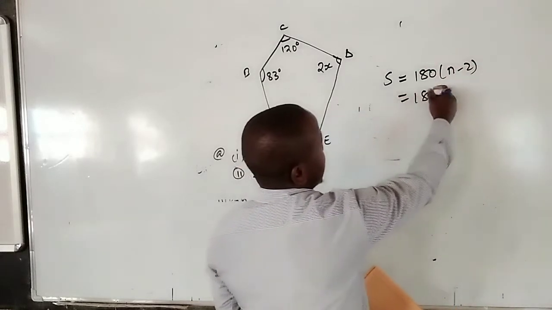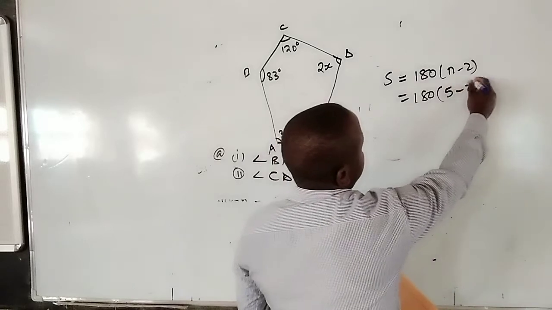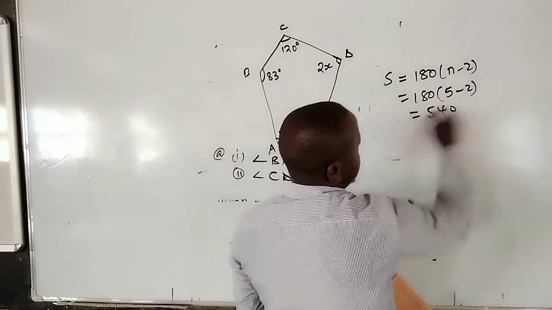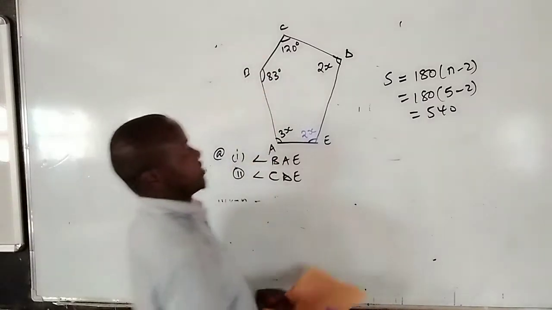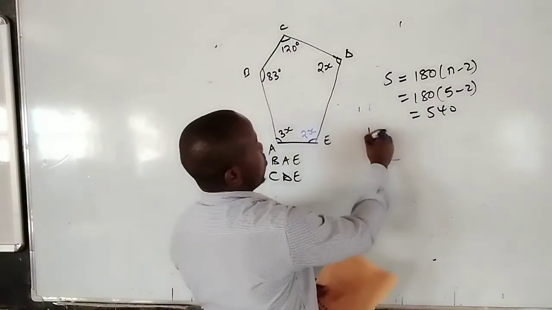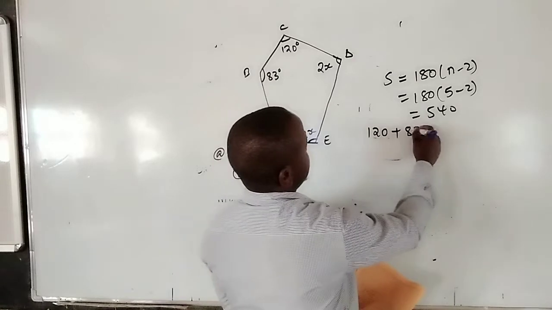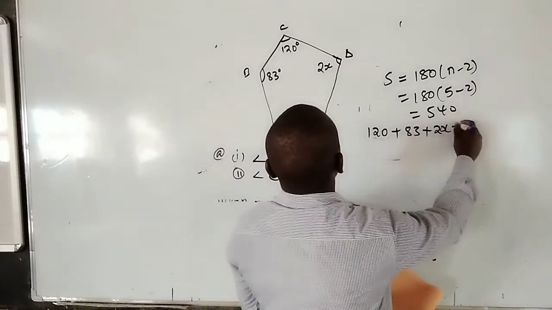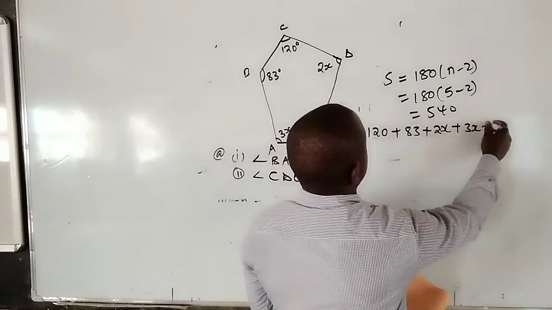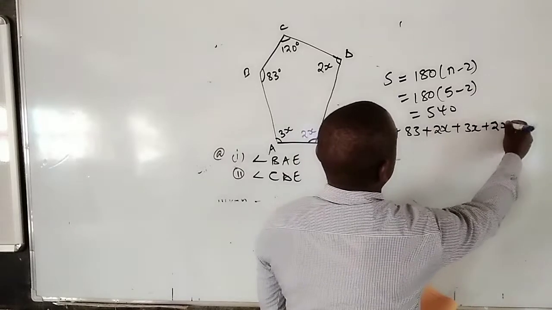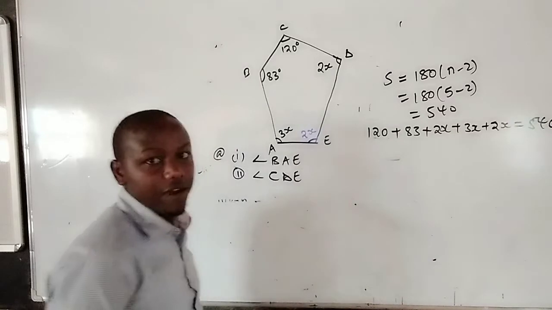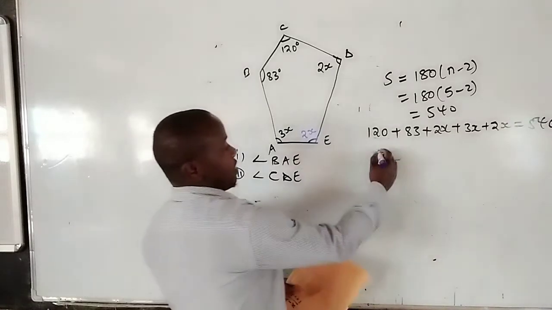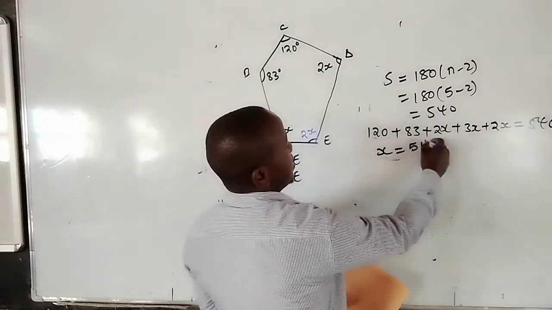Therefore, this will be 180 into 5 minus 2, which is 540. Therefore, 120 plus 83 plus 2x plus 3x plus 2x should give us 540 total. Solving this, you get x is 51 degrees.